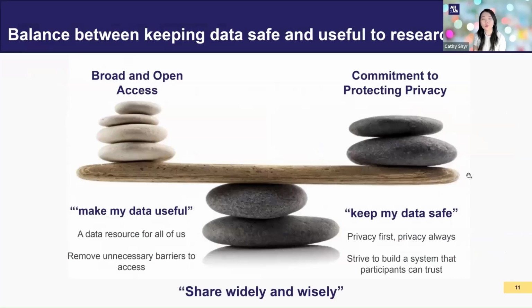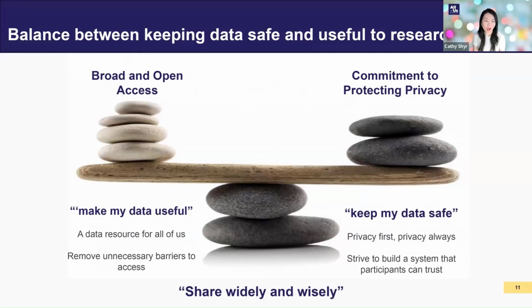All right. So at the Data Research Center, we really prioritize maintaining a balance between keeping the data safe and making it useful to researchers. And so there are two core values here. The first is that we really want to make this data set broadly accessible to a wide audience.